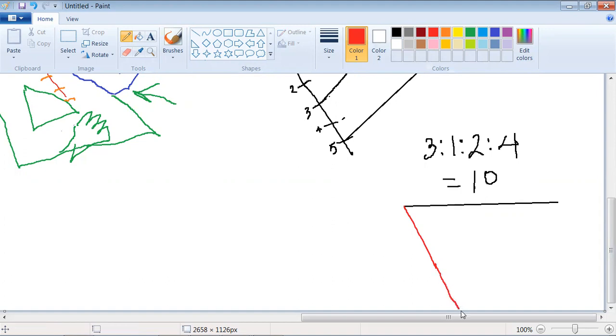How many was the answer here? 10. We need to cut this 10 times. 1, 2, 3, 4, 5, 6, 7, 8, 9. Let me put 10 right here because the screen can't go up any more.